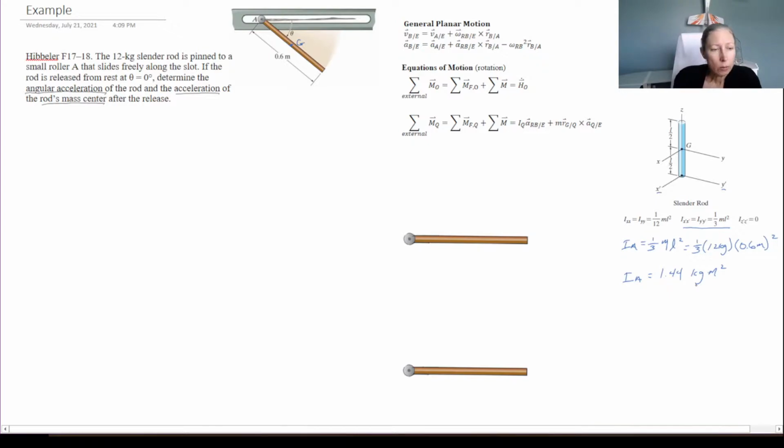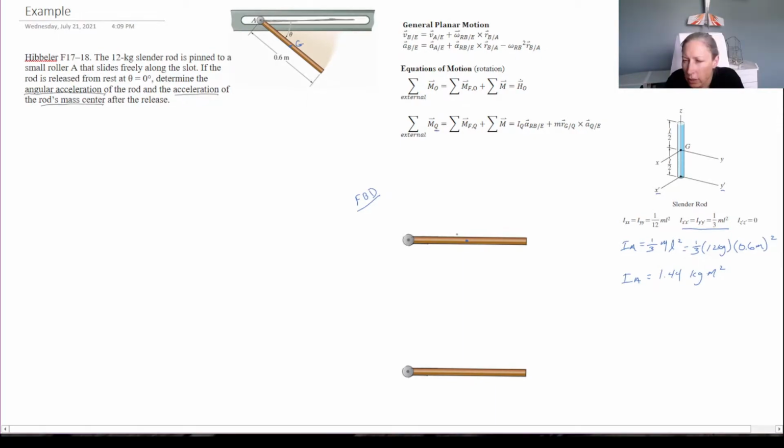All right, so that's a good start. The next thing we're going to do, as we frequently do with kinetics problems, is draw a free body diagram, and actually we're going to do a kinetic diagram too. So this is going to be my free body diagram. And we always start with an inertial reference frame. I could draw the traditional X and Y directions, but let's think about this.